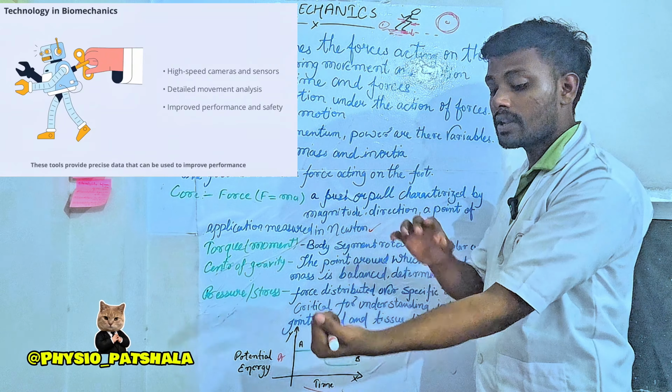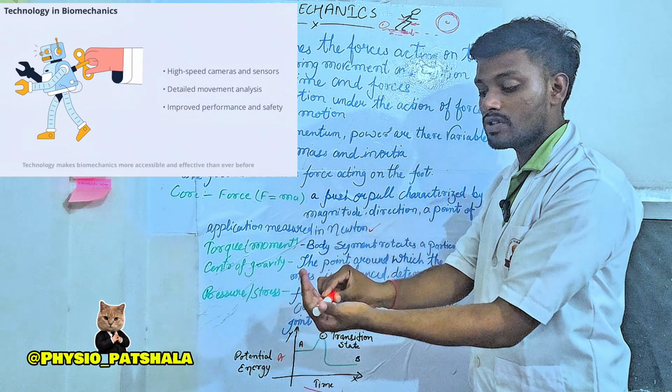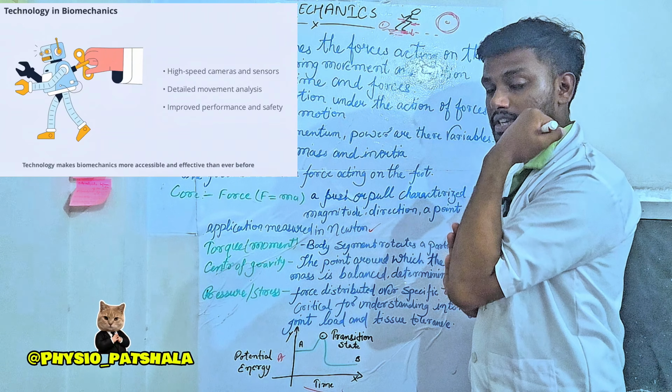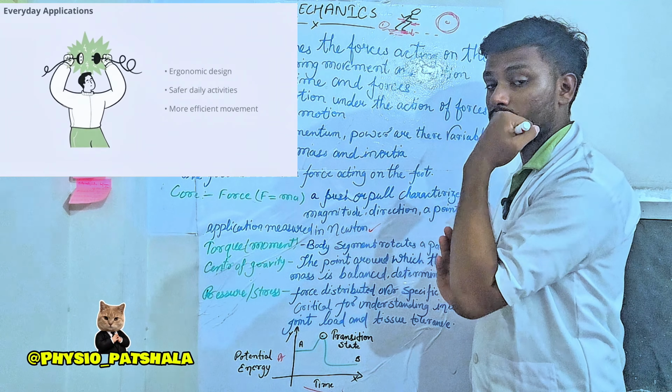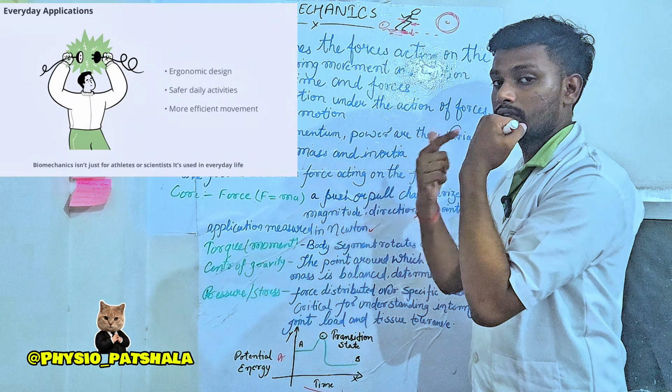I am considering how much force is needed to hold the 5 kg object and perform the movement, how much time I take, and how much strength and force I have to use to move the object from there to here.